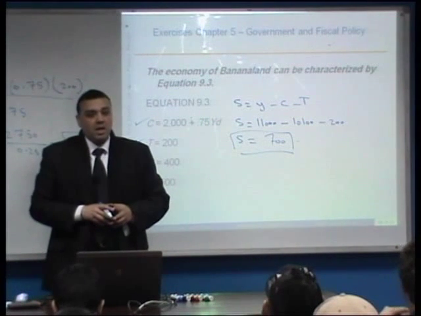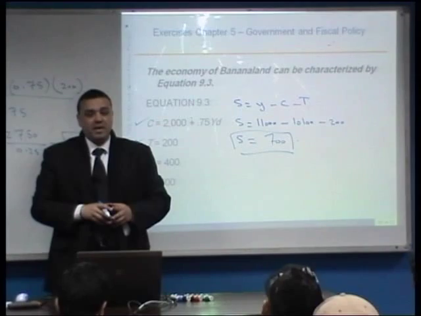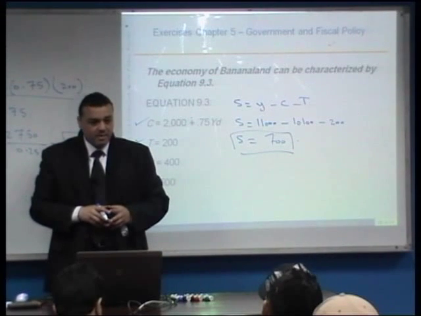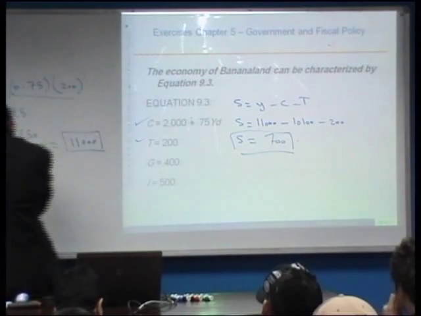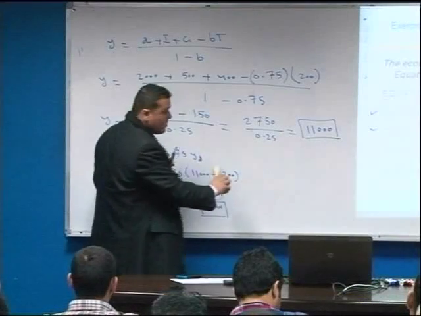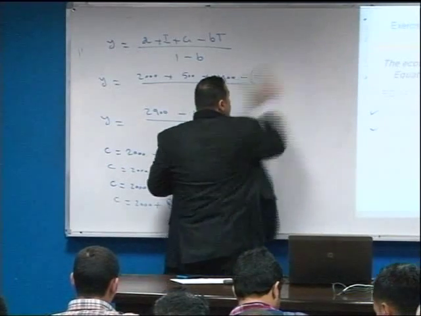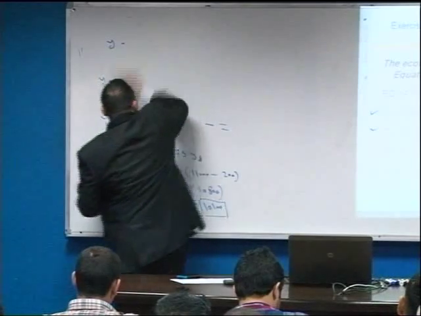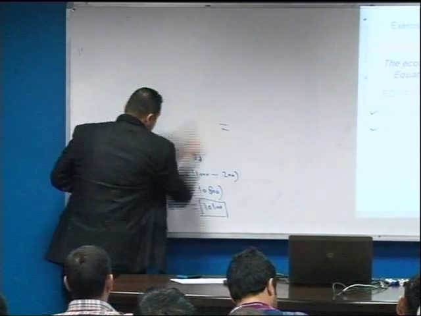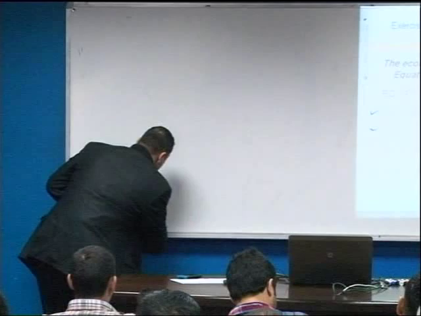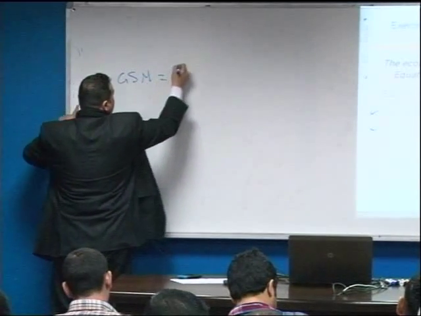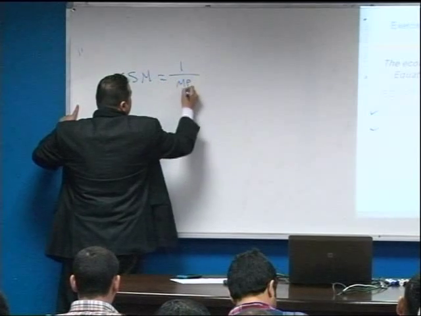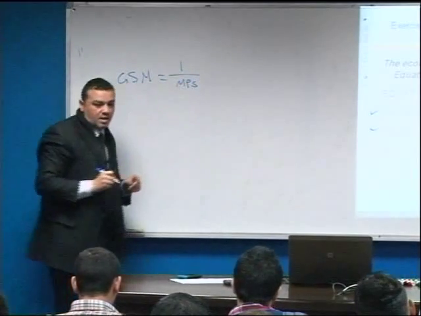Now calculate the government spending multiplier. Okay. So let's calculate the government spending multiplier. The government spending multiplier equals 1 over MBS, right?